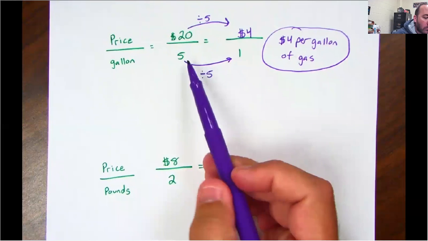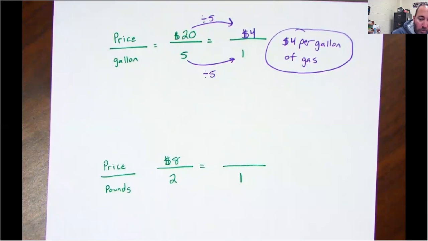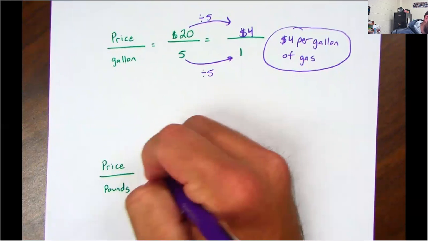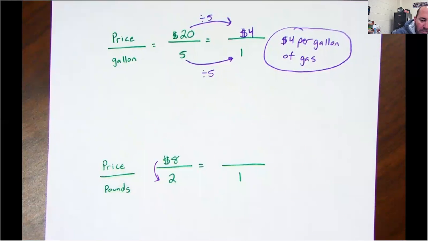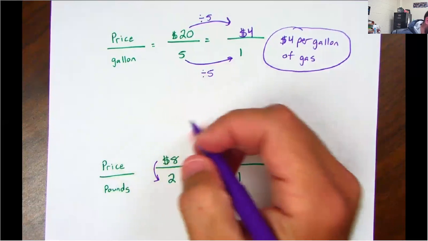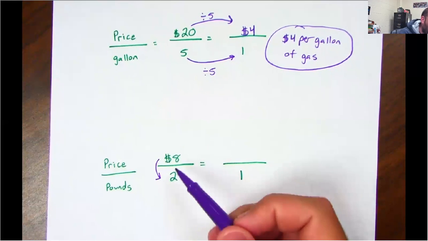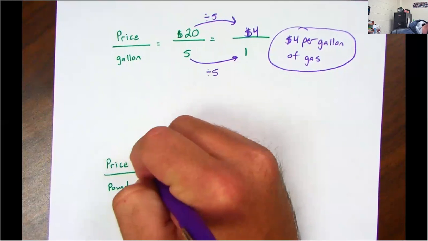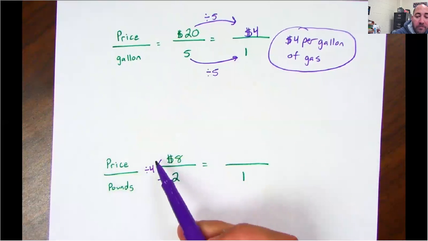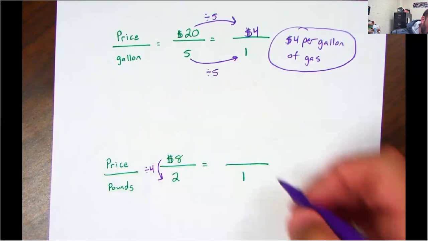All right, notice here, we went from left to right. The other way you can do it is going up and down. Can't you just take the $8 and divide it by 2? Let me rephrase that. How would you go from 8 to 2? You divided by 4. Notice how we went from up to down, so we divided.